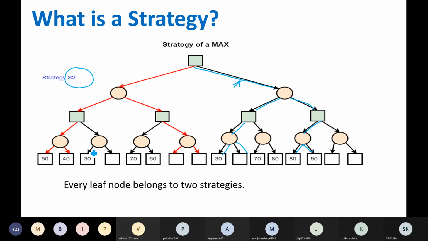Anybody? All strategies. How many possible strategies will there be in this game tree where we have a 4-ply game tree? 4 strategies. More than 4.